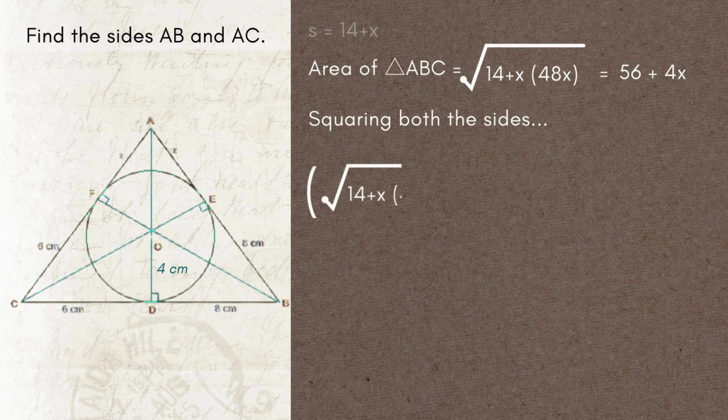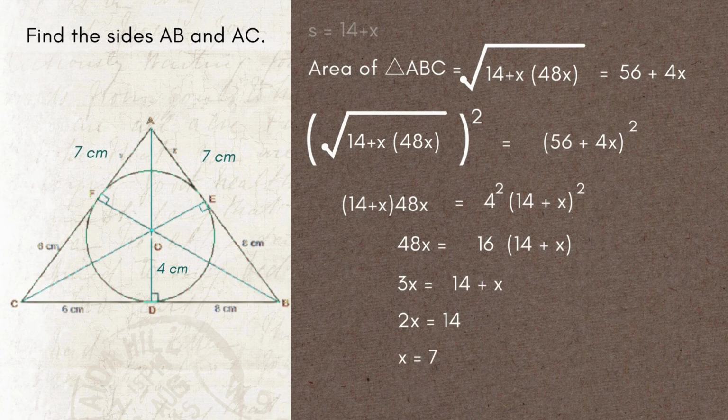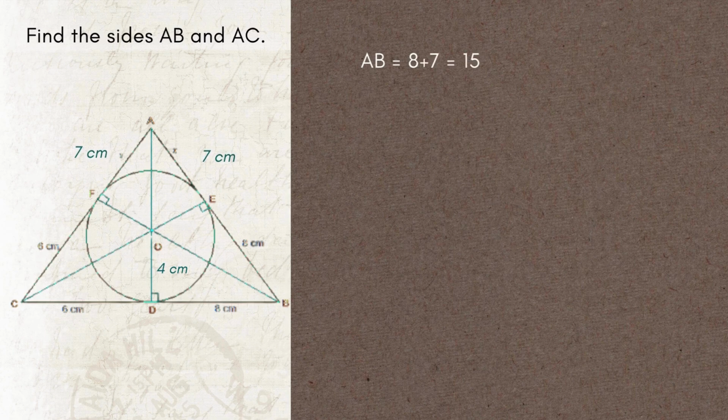Squaring both the sides, we get, thus we get the value of x as 7 centimeter. That means AB is equal to 8 plus 7, that is 15 centimeter, and AC is equal to 6 plus 7, that is 13 centimeter.